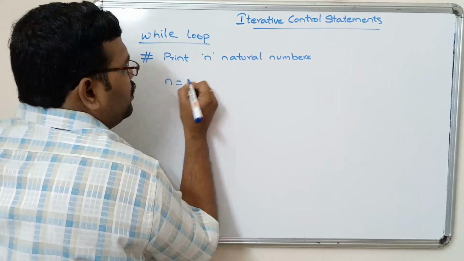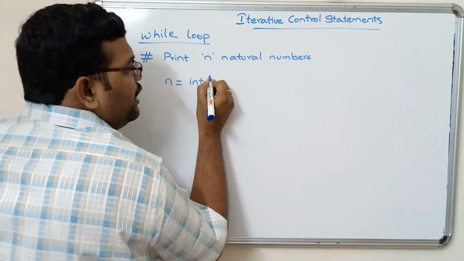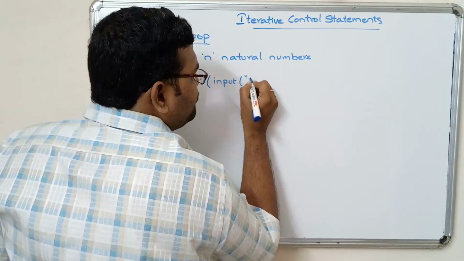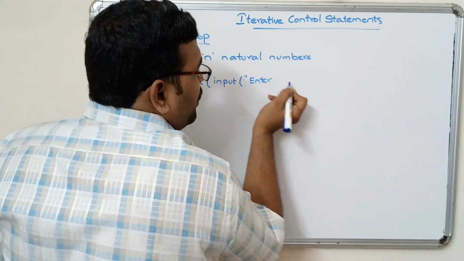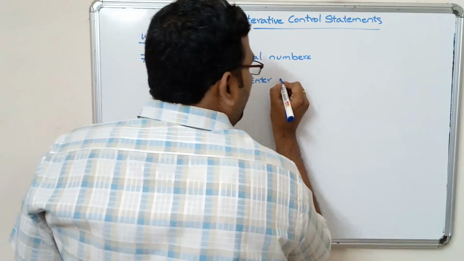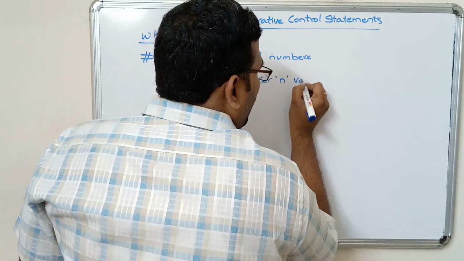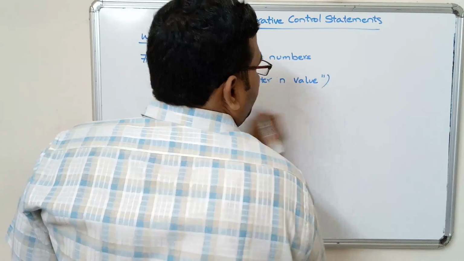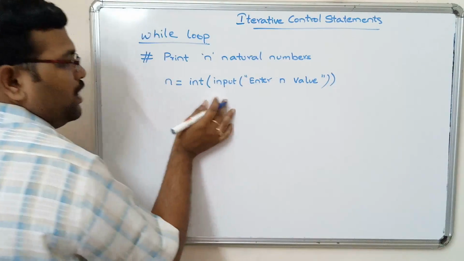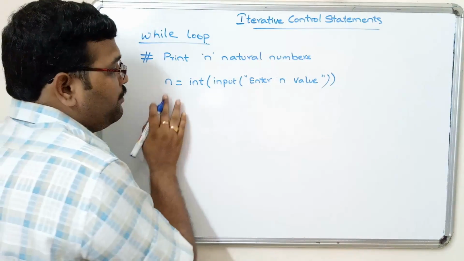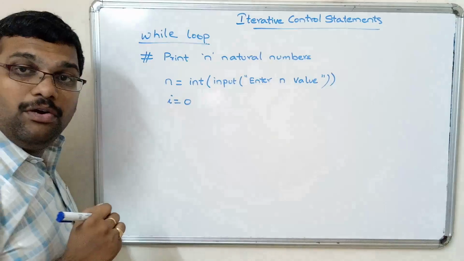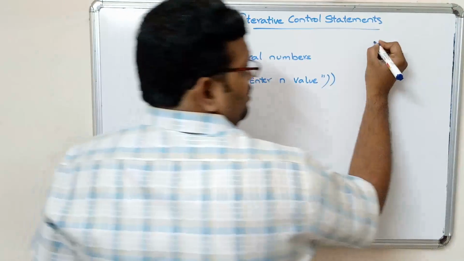So n is equal to int of input, enter n value. So n will have one value. Now initialize the loop variable, let it be i is equal to 0. This is the loop variable.